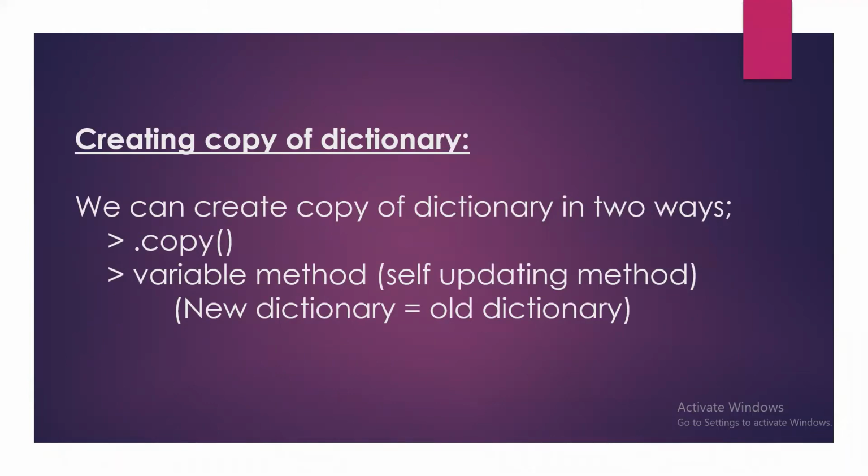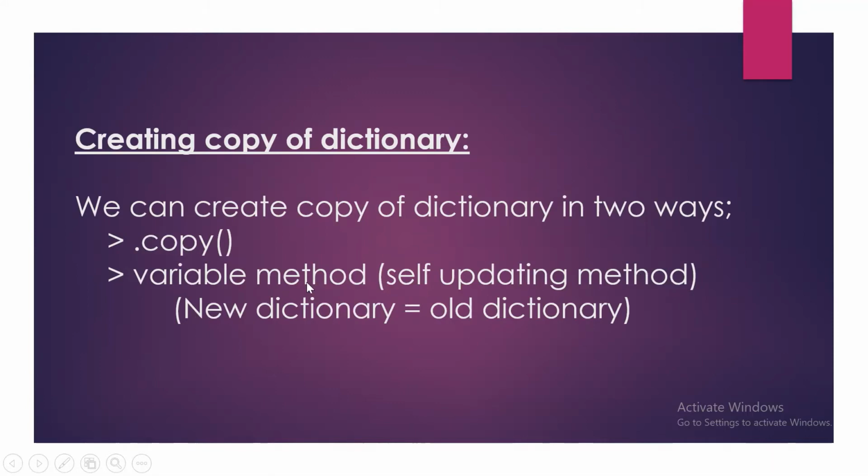One method is using the copy function, and the other method is assigning a new variable to the existing dictionary. Let's say the name of the new dictionary is equal to the name of the old dictionary. And the variable method is a self-updating method.